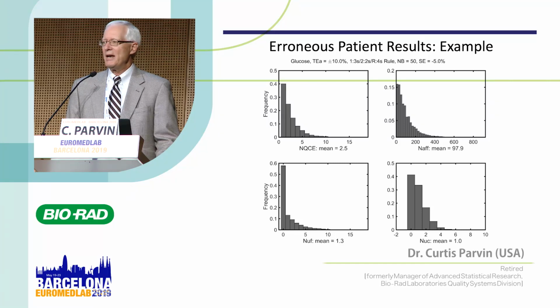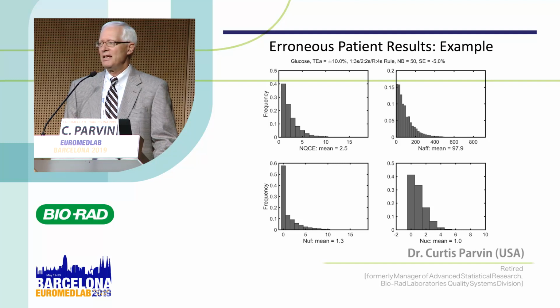So let's assume that I repeat that simulation of a 5% shift downward 10,000 times. For each of those 10,000 simulations, I record the number of QC events it took to detect the problem, the number of affected patient samples, and the number of erroneous results, final and correctable. If I do that, I can generate frequency distributions, which are shown here.